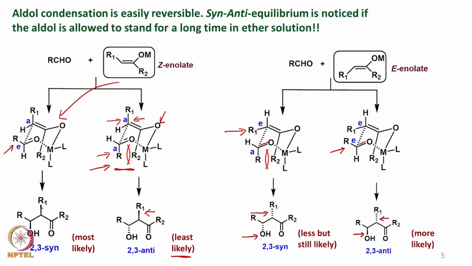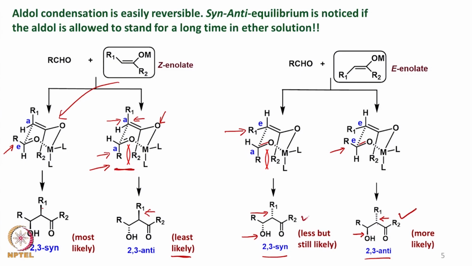So now this is 2,3 syn and this is 2,3 anti, and therefore what we expect in this case, since the steric hindrance is not there, is that this product will form in a larger amount.